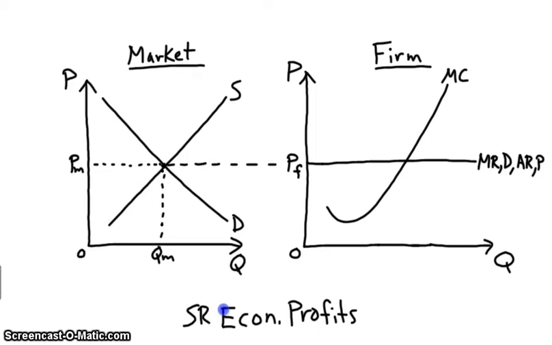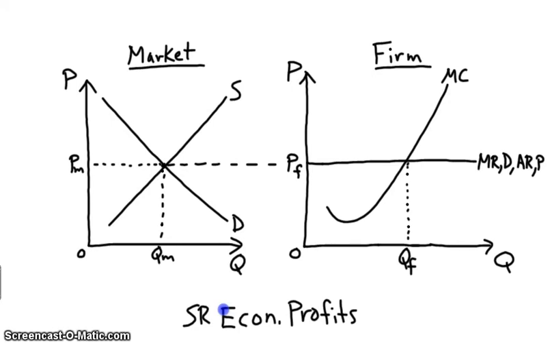So now, if this is marginal cost, we know that where marginal cost is equal to marginal revenue, this is going to be the optimal profit maximizing output level for the firm. And at that output level, I want the price to be higher than my average total costs.